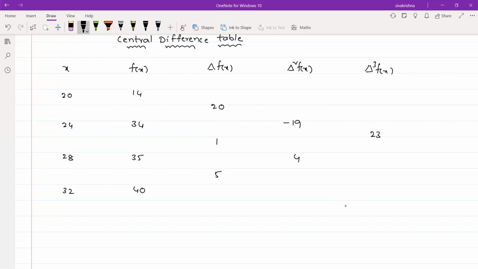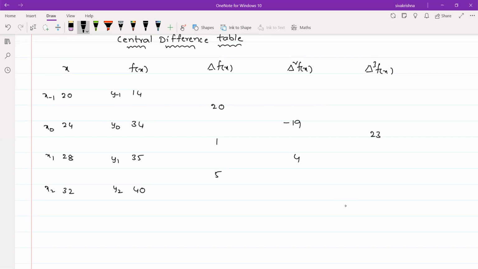Okay. So coming to the names in the table, since we have chosen 24 as x naught, the values below x naught can be named as x1 and x2, and the values above x naught can be treated as x suffix minus 1. And the corresponding y values are y suffix minus 1, this is y naught, this is y1 and this is y2.